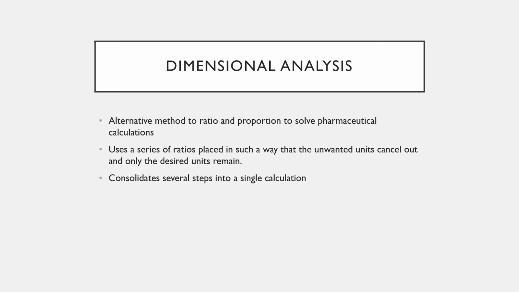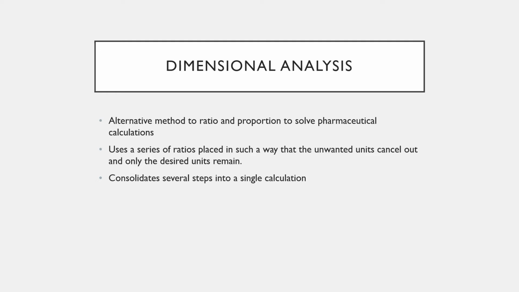Dimensional analysis uses a series of ratios and you place them in such a way that all the units that you do not want cancel themselves out and you're only left with the units that you want. So how does that happen?